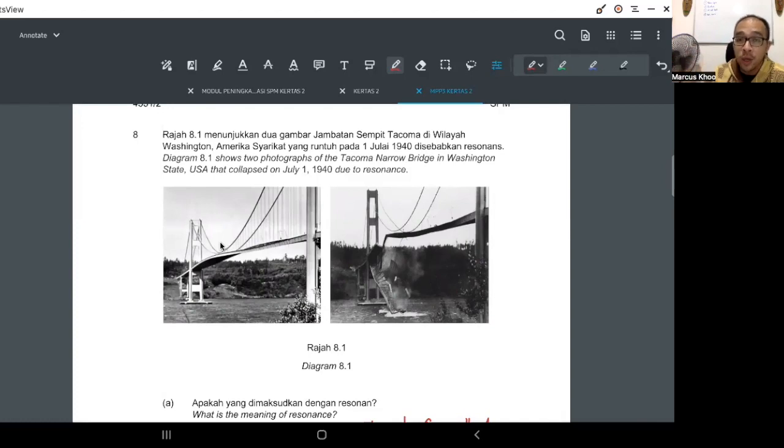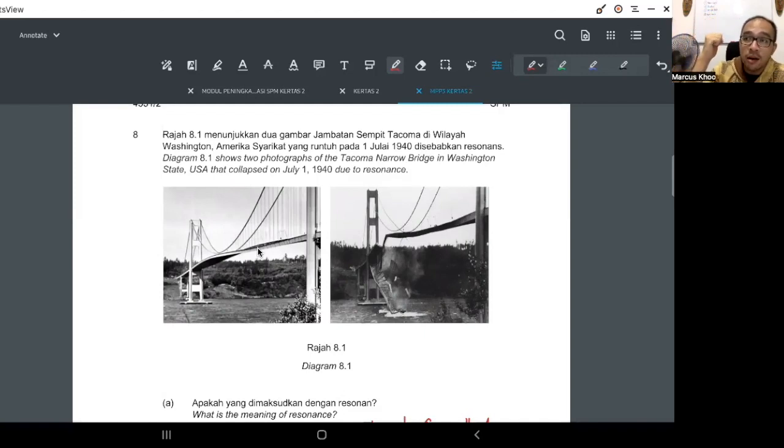And what happened was, because it was blowing at the exact same natural frequency, it caused the bridge to start to sway. And because of all the strings, it's going everywhere, all over the place. And remember, when resonance happens, you're not just vibrating together, you're vibrating with maximum amplitude.